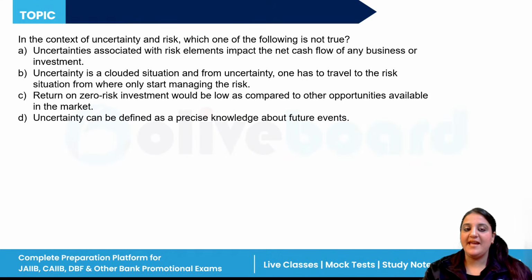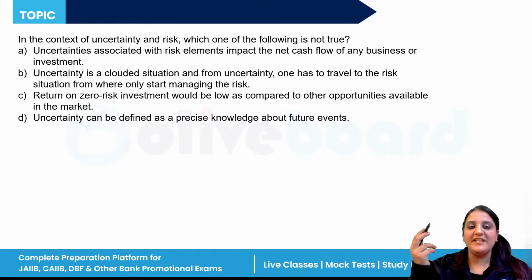Any type of uncertain event which is not prepared for, not managed, not planned for, how to handle that situation, that is uncertainty. But with risk, we have generally already planned in our mind that if this type of situation occurs, we have to perform like this.